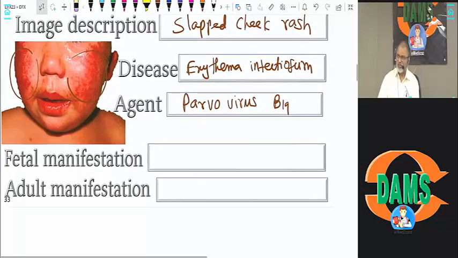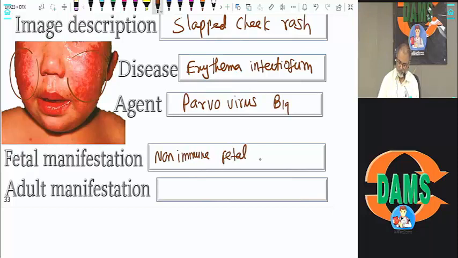In fetus, what does it cause? It goes and destroys the RBCs: non-immune hydrops fetalis.